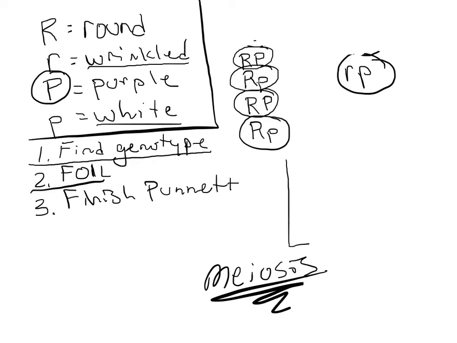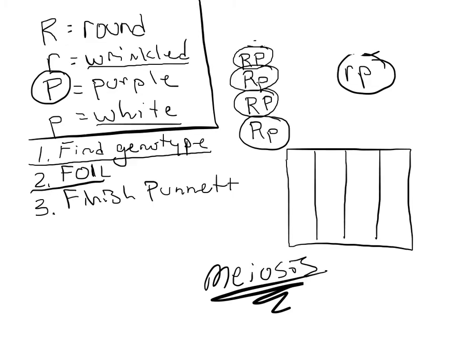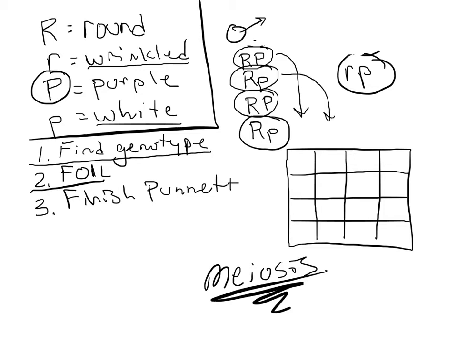Now our Punnett square, since it's looking at 2 characteristics, is going to have 16 squares to it. And since I'm going to assume that this is Dad, we're going to go ahead and place these gametes in the columns above the Punnett square.